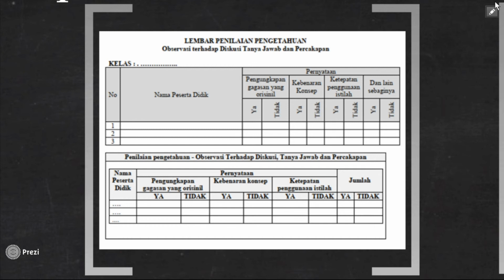And then the knowledge assessment of the discussion. Here we can give the score directly to the student. It starts from the name of the student, and then we can sum the score for the statements that we give to them.